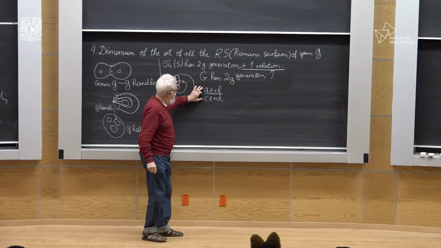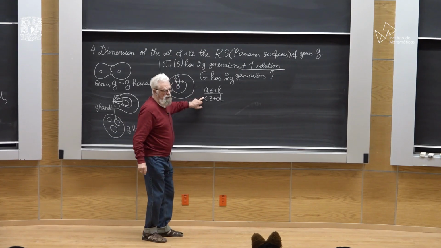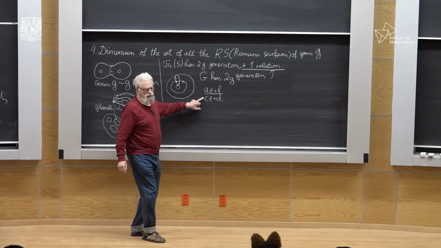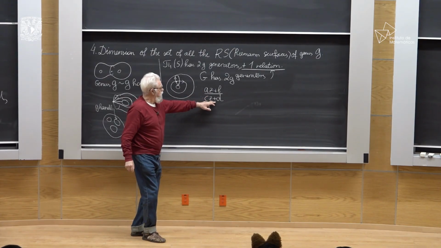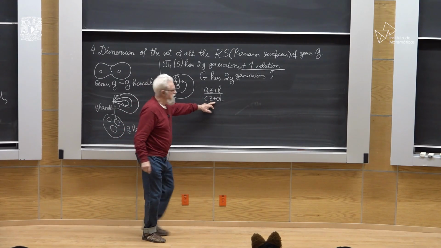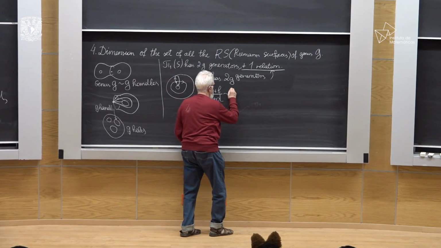Multiply the numerator and denominator by the same constant, and you will get the same transformation. Therefore, you have not 4, but 3 real parameters.